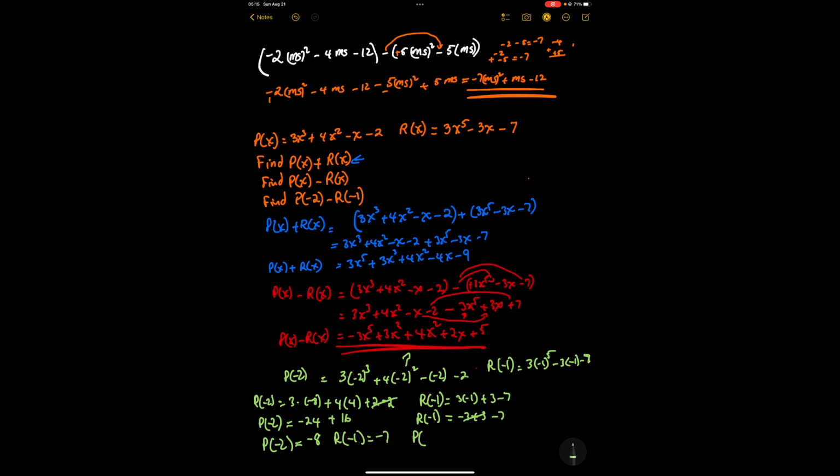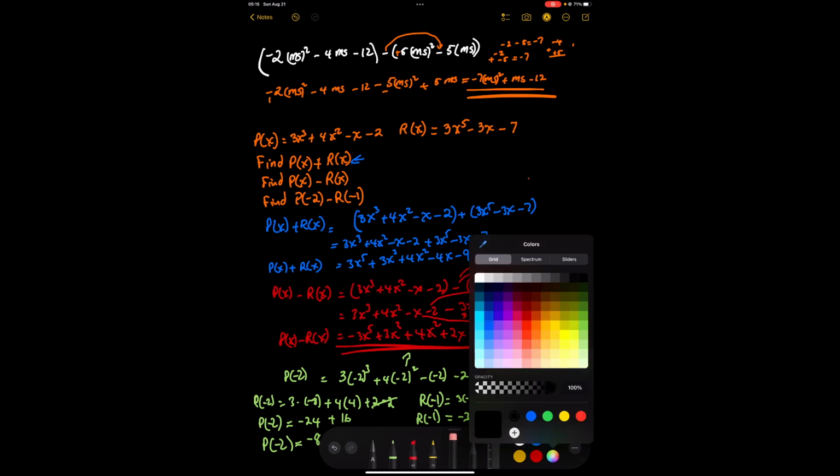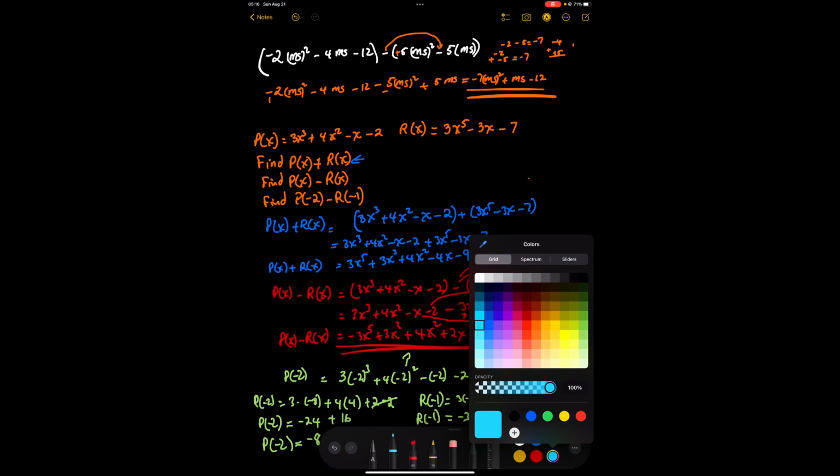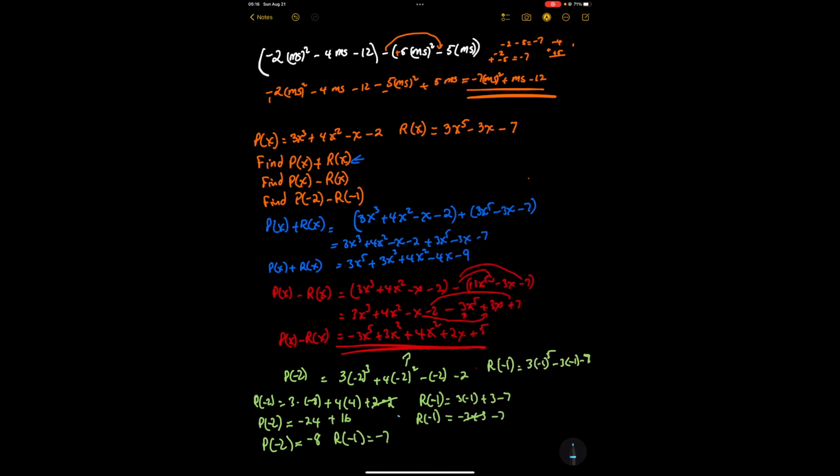Therefore, let me choose a different color. I'm going to choose purple. Therefore, p of negative 2 minus r of negative 1 is equal to negative 8 minus a negative 7, which is what?